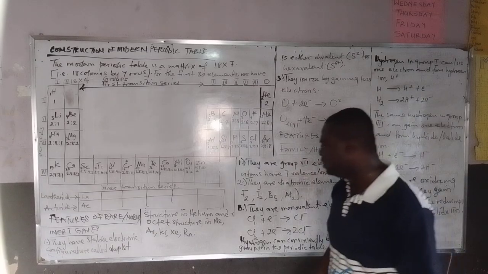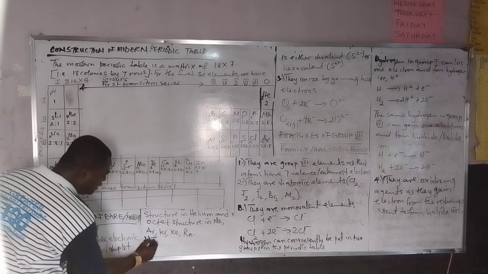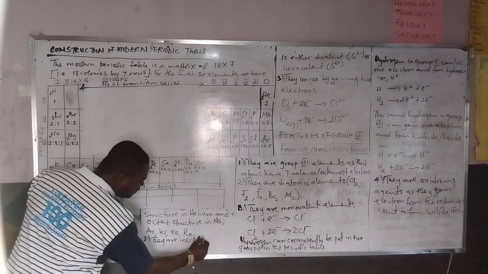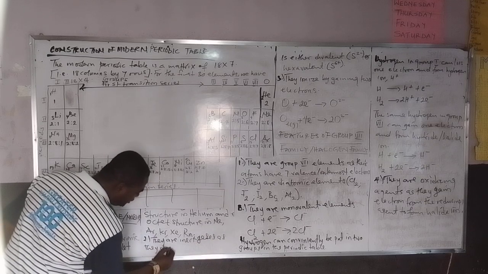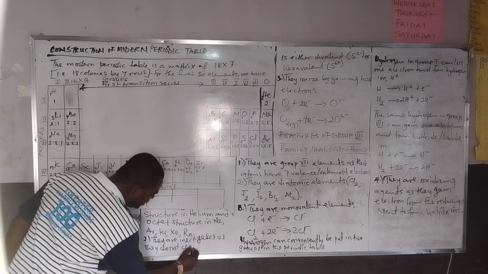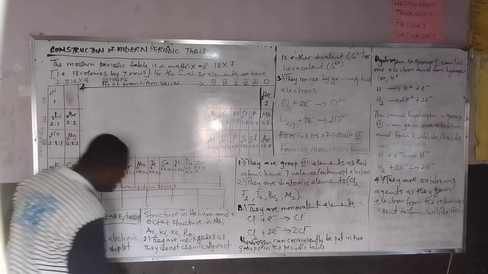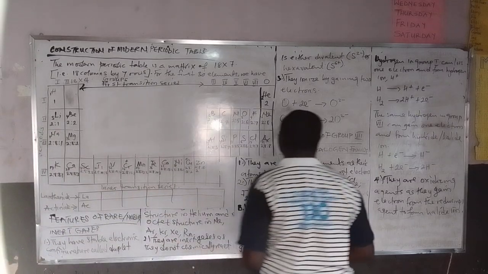Only helium has the duplet configuration. So why are they called inert gases? They are inert gases as they do not chemically react. Why? Their outermost shell is full.